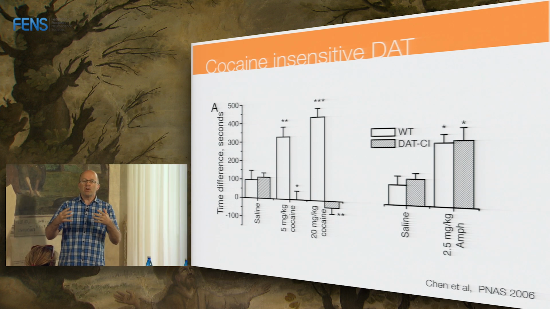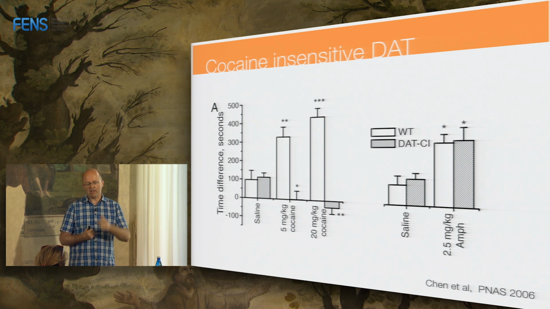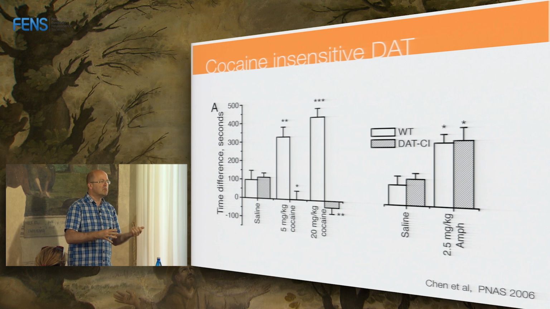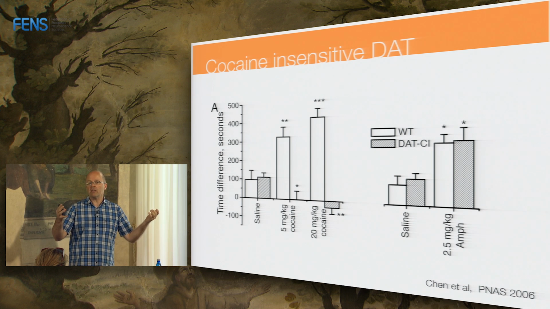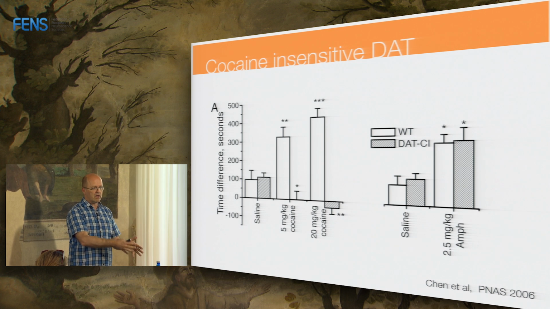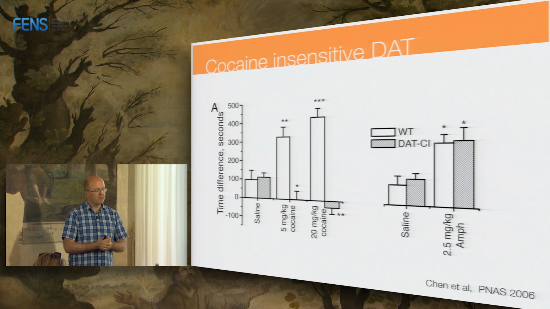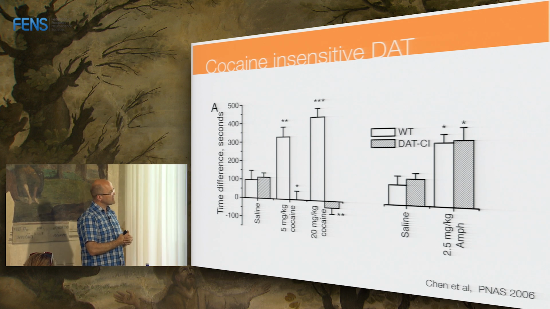I'm showing this here just to convey the message that, well, two things. First, it's not enough to do a gene-behavior correlation, right? Nobody would do this today, but in the late 1990s, that's what we did, right? We had a knockout, we had behavior, we had nothing in between, and we made conclusions that today are simply wrong. So that's the first thing.